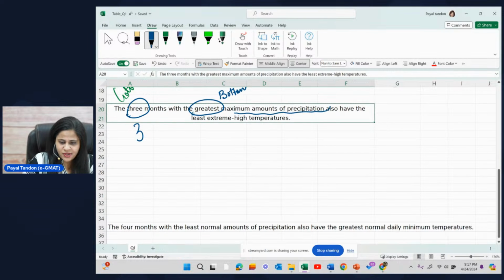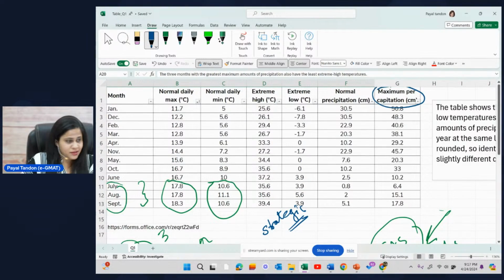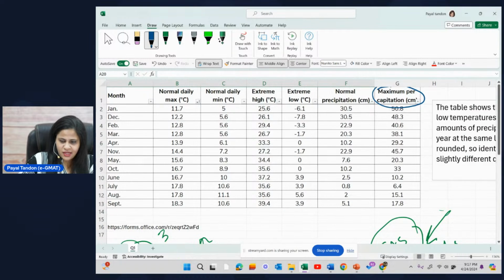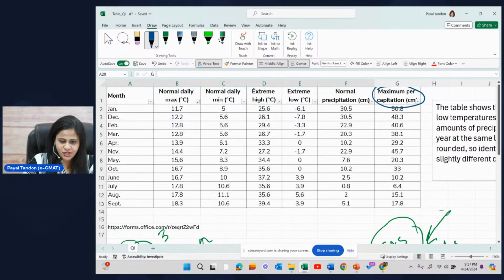Maximum amounts of precipitation, greatest maximum amounts of precipitation. So again, I go back to my column. This is the column that I need to be thinking about. So the last column here also have, okay, so what is common with this? Least, which means that these will appear on the top when I sort it. Extreme high temperature. So where is extreme high temperature? This column. So these are the two columns that I have to think about.